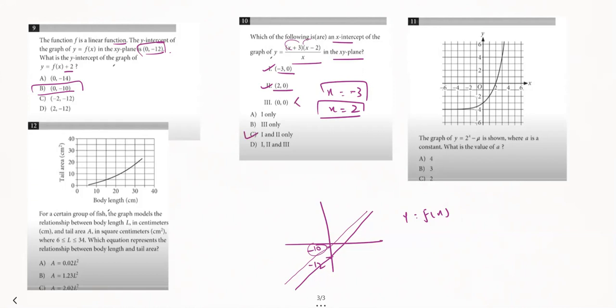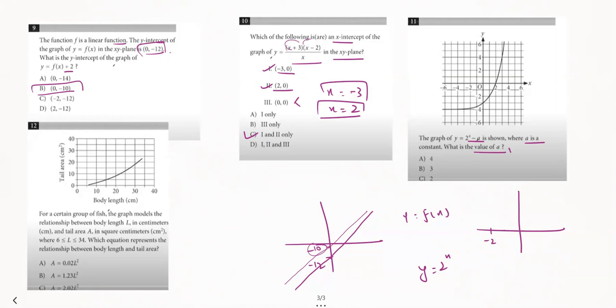Over here, question number 11, and this is the question most students find difficult. y is equal to 2 power x minus a is shown where a is a constant. What is the value of a? Now if you look at the graph of y equals 2 power x, let's start and draw this graph. We would start from, for example, minus 2. 2 power minus 2, what would be the value coming?